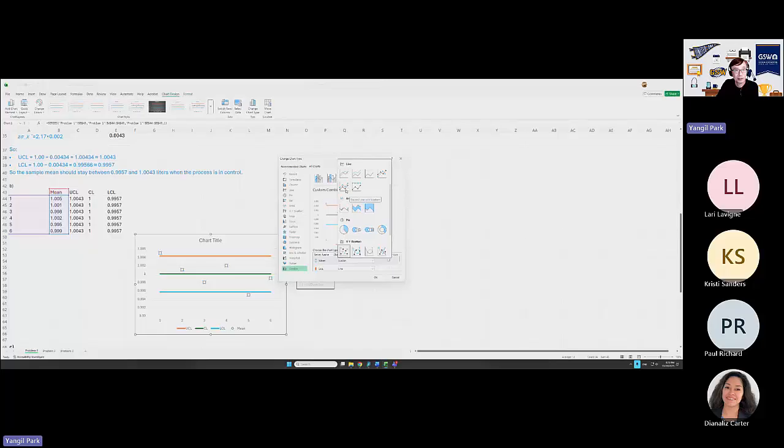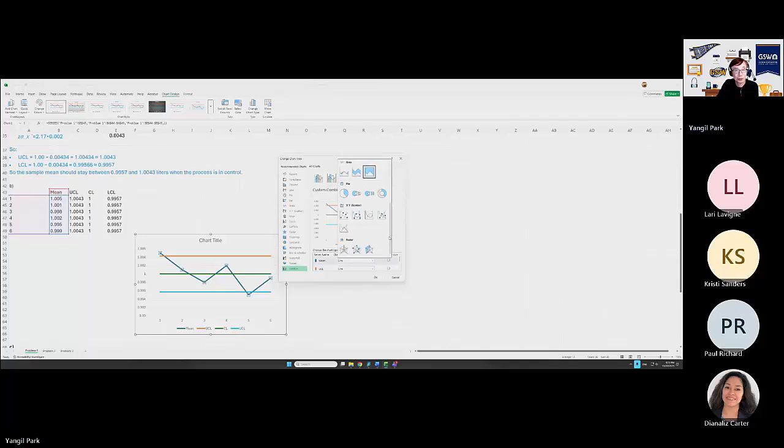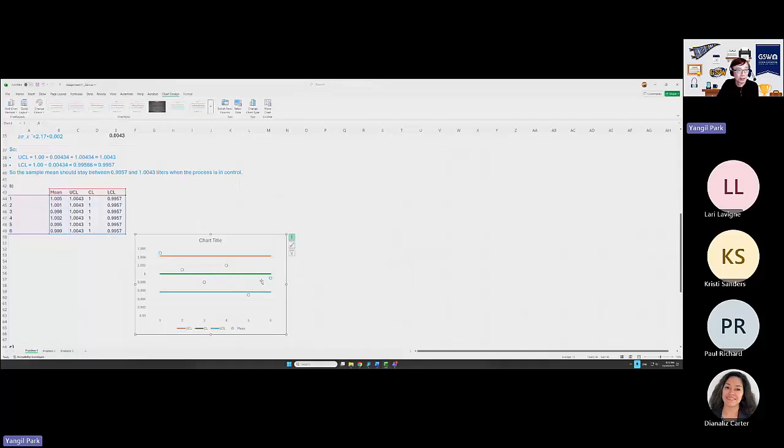When I created it in the first place, it's supposed to be like that, all lines. To distinguish this, that's something we need to show, whether it's in or out. So I just changed it with change chart type and changed this mean into scatter so that I can show it more clearly.